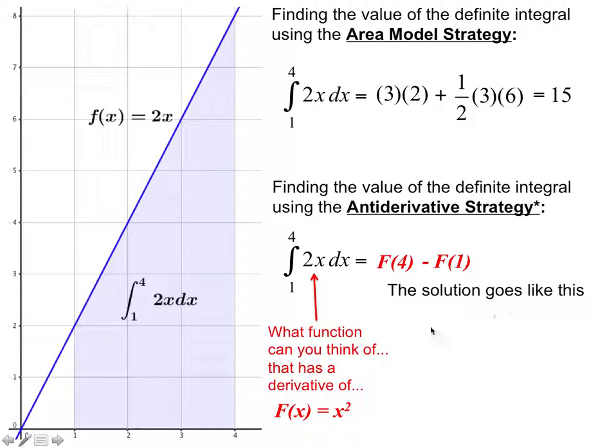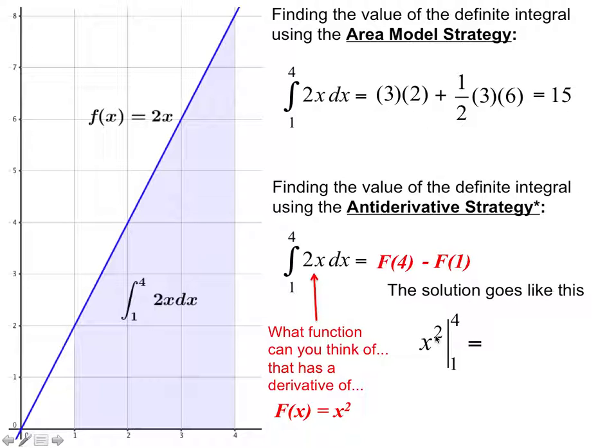So the solution goes something like this. We found the antiderivative, the function that when differentiated gives us 2x. That function is x squared. This vertical line here means evaluated at. So this whole expression reads x squared evaluated at 4 and 1 equals 15.